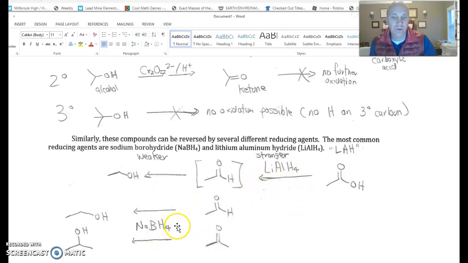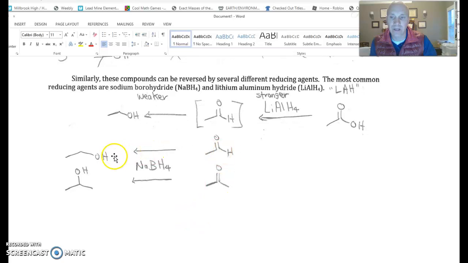The only difference is that sodium borohydride is not quite as strong as lithium aluminum hydride. If you're going to reduce a carboxylic acid to an alcohol, you would use lithium aluminum hydride. But if you just needed to reduce an aldehyde to an alcohol or a ketone to an alcohol, sodium borohydride would be fine.